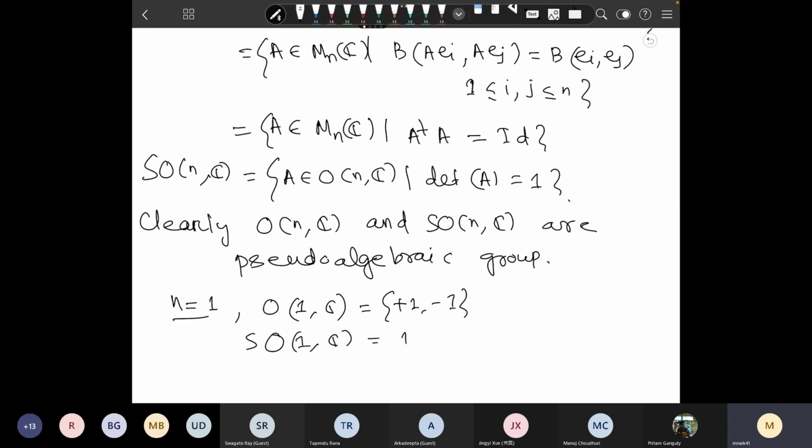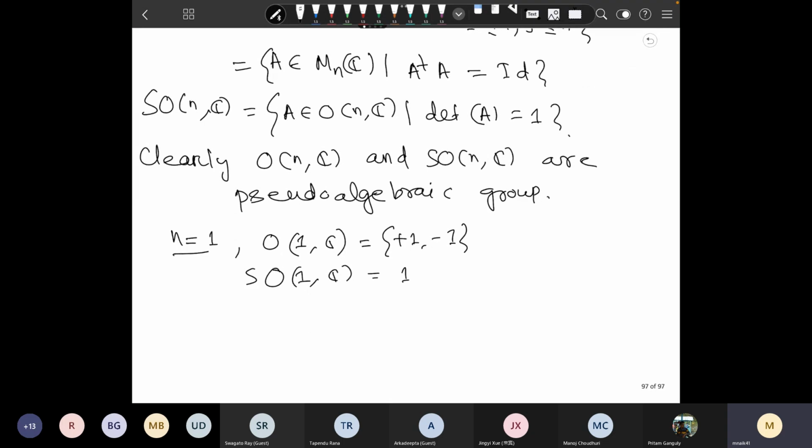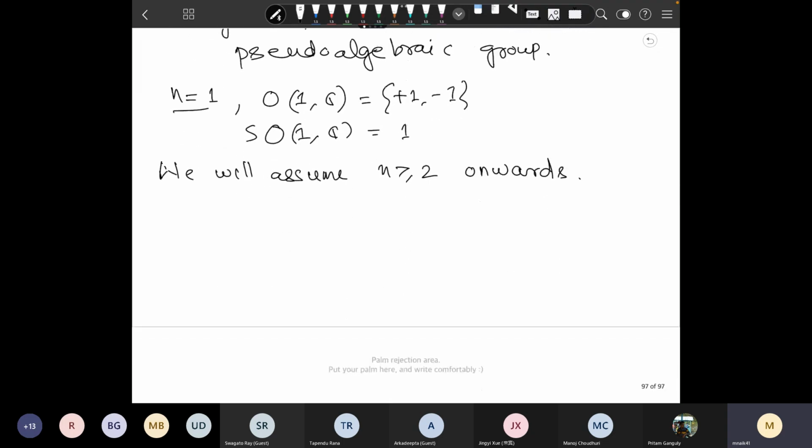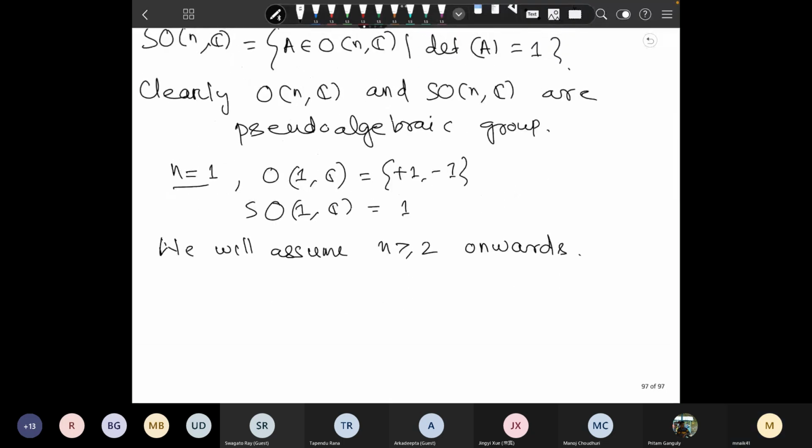So from now onwards I will assume n greater than or equal to 2. This is our standing assumption. Now these groups are actually non-compact groups.